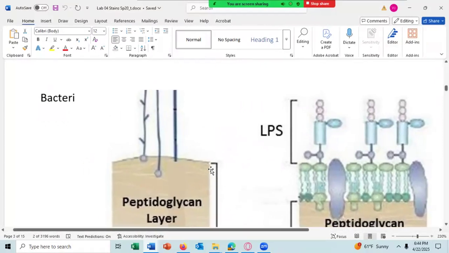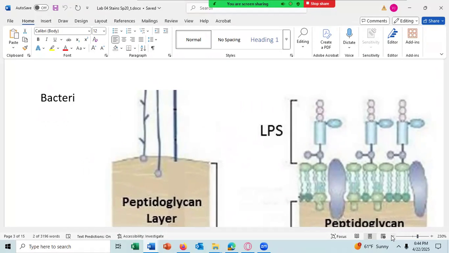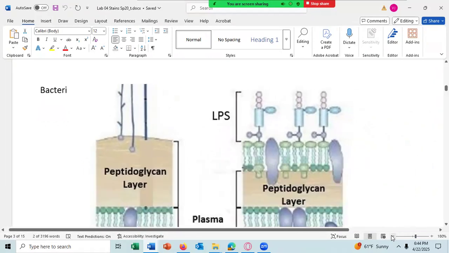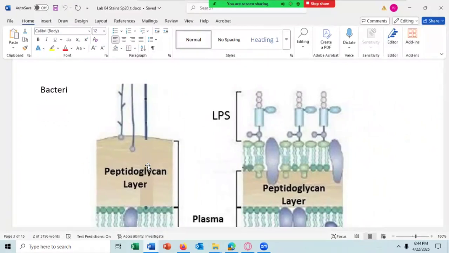It's hard to see it now, but that's one layer of peptidoglycan there. There's another layer there. There's another layer there. And that's all there is, essentially, in the cell wall, essentially peptidoglycan. There are other molecules, but peptidoglycan is by far the most numerous molecule in the cell wall of the gram-positive cell.